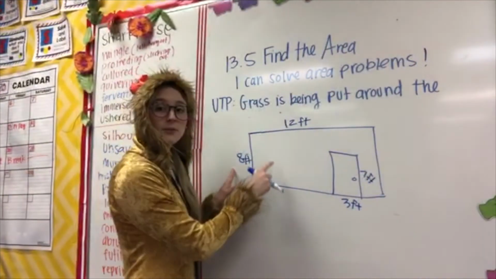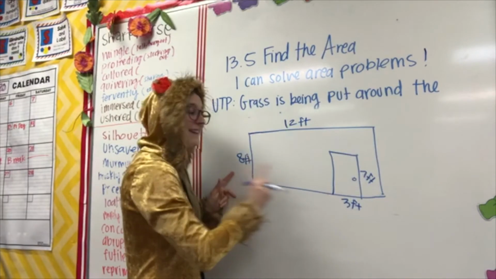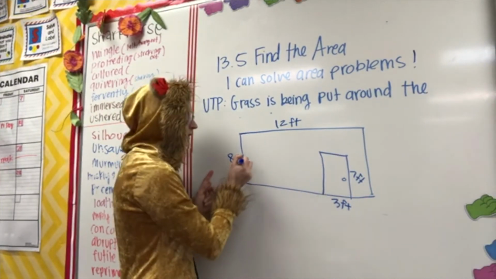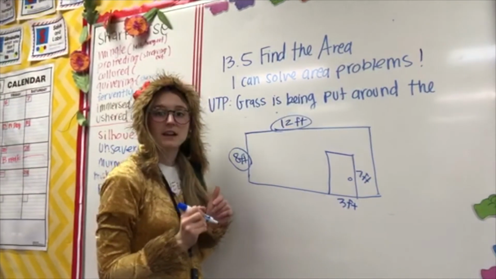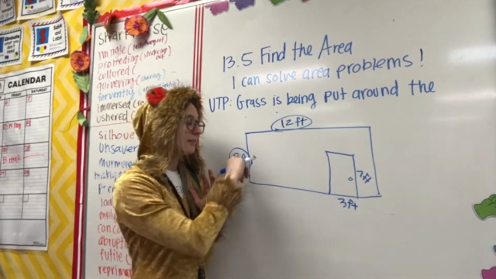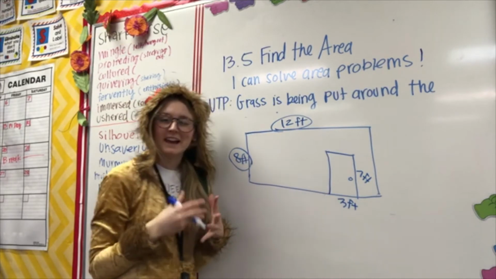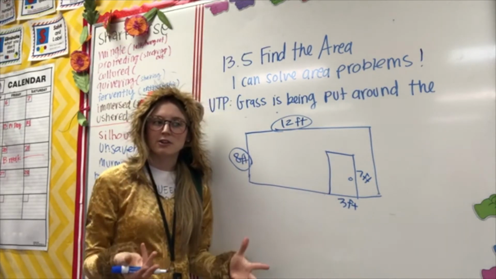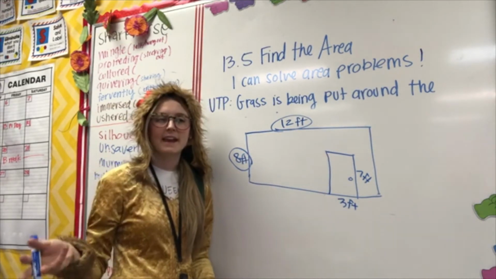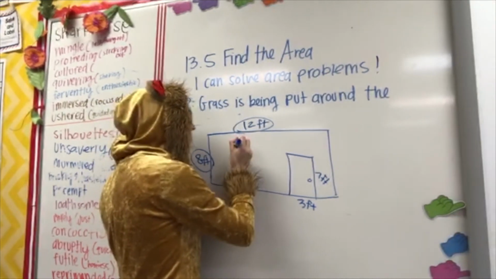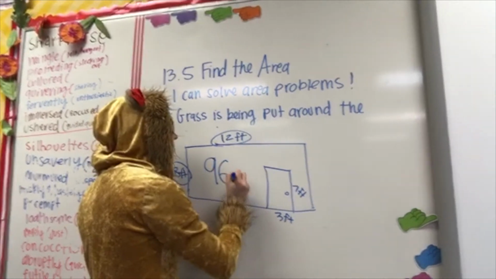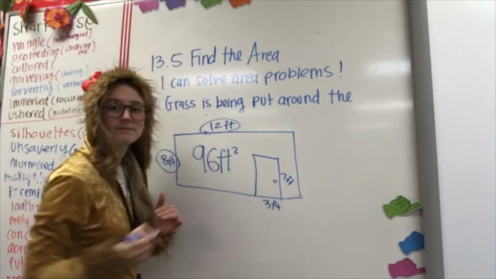So first we have to find the area of the whole wall and then subtract the door. So if this side is 8 feet and this side is 12 feet, we have to do base times height. So we have to do 8 times 12. 8 times 12, okay, think. If you don't know your 12s, 8 times 11 is 88, and then add 8 to that is 96. So we know the whole area is 96 feet squared, okay?